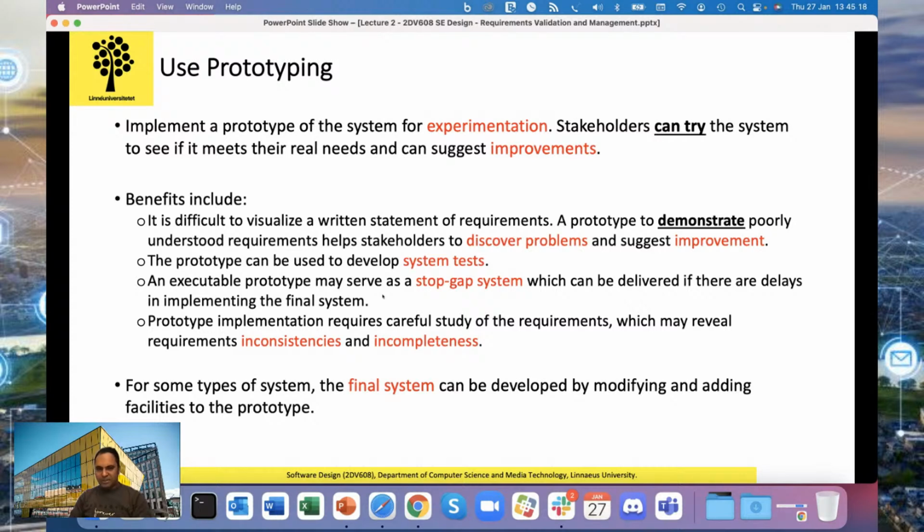So this prototype system can be used, for example, as an interim system. Also, if you implement a real prototype here, you might find some more inconsistencies or incompleteness in your requirements document, because until you go for the implementation of your requirements, you might not understand some of the problems. So prototyping is one good way of validating your requirements.